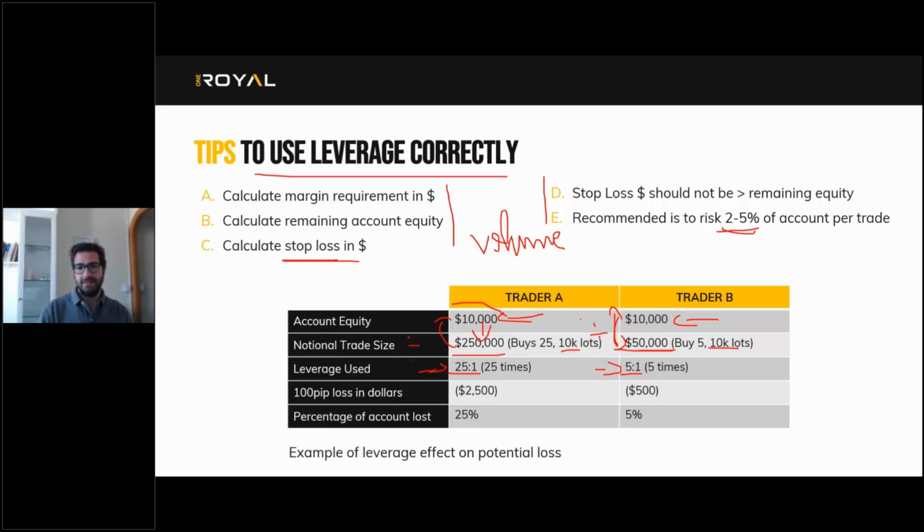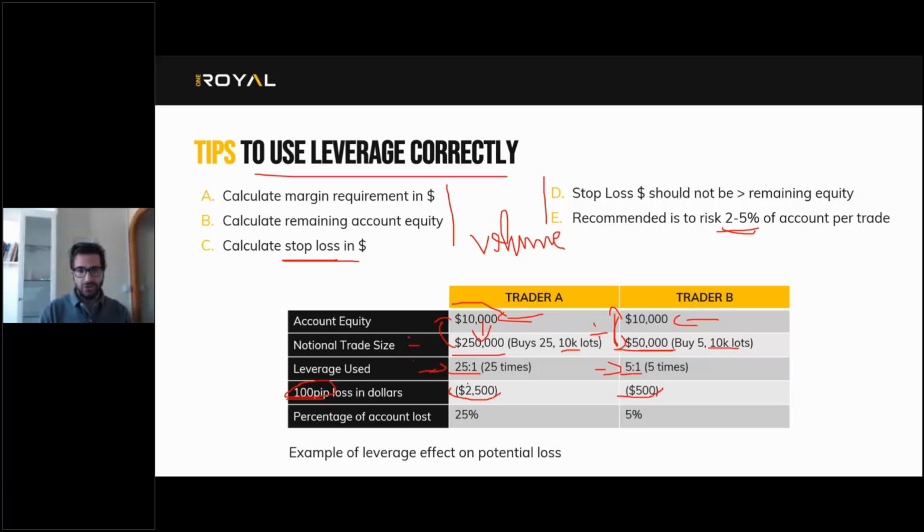In case the trading idea didn't go well, and it went in the opposite direction for both traders, trader A will lose $2,500 if the asset went in the opposite direction of the trade by 100 pips, and trader B will lose $500 if the trading idea went against her by 100 pips.